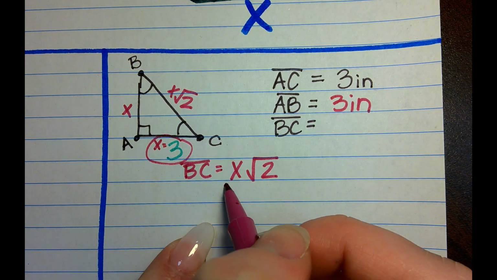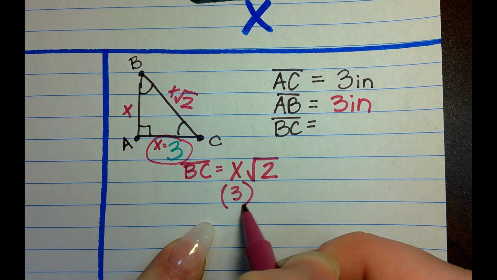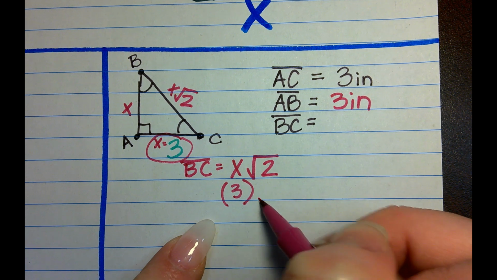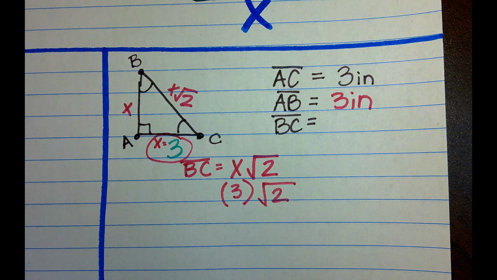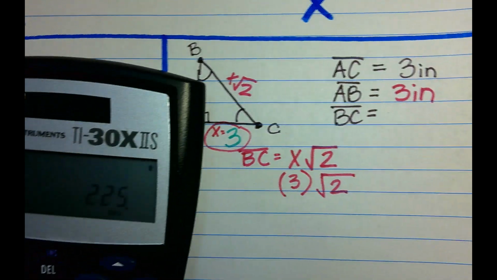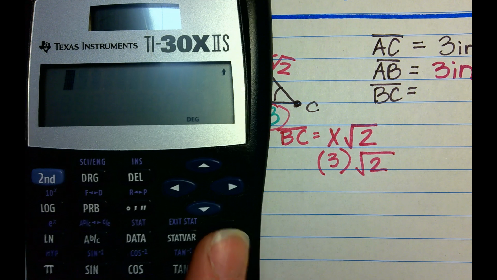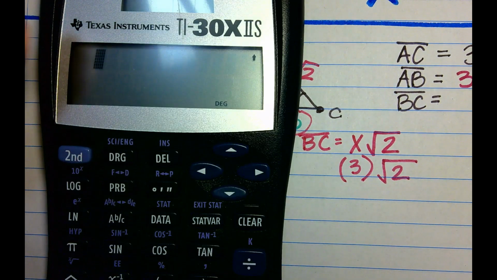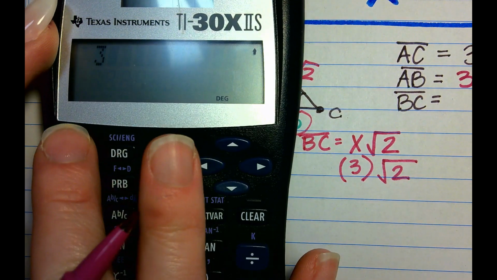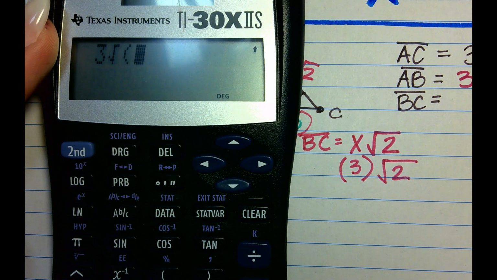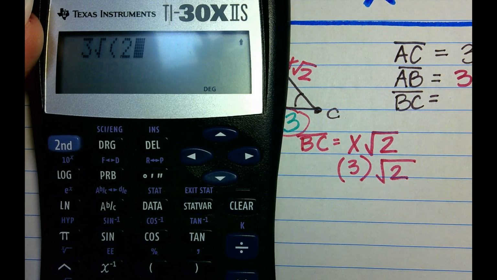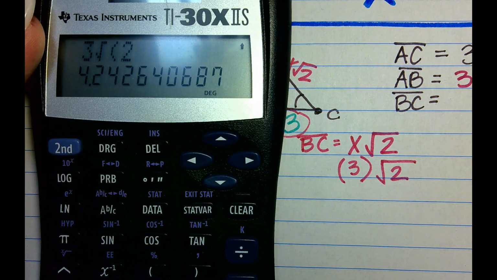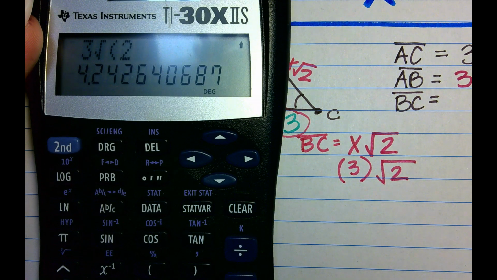We plug in 3 for x, times radical 2, and in our calculator, we can type in 3, second, radical 2. You don't even need to type times. 3 radical 2 gives 4.24.